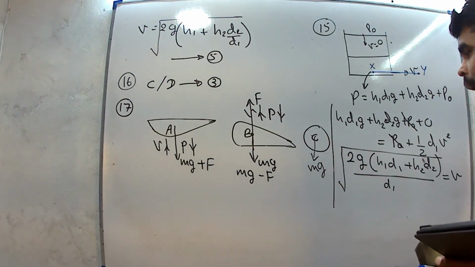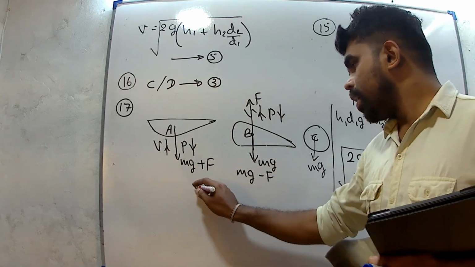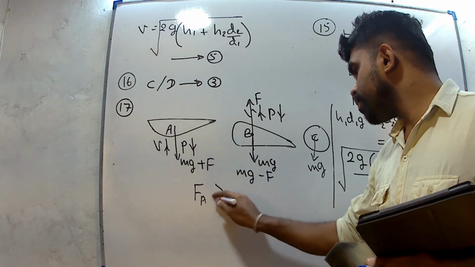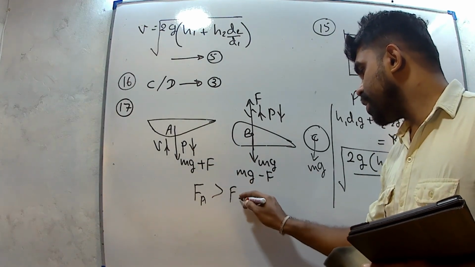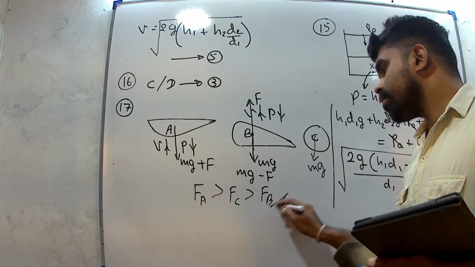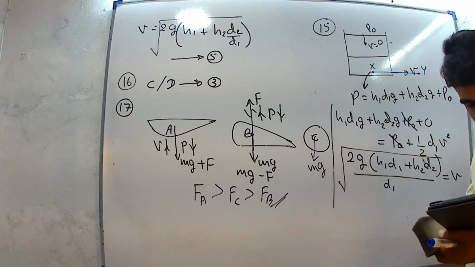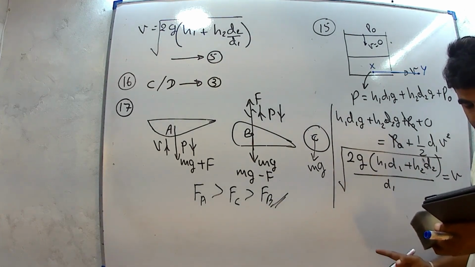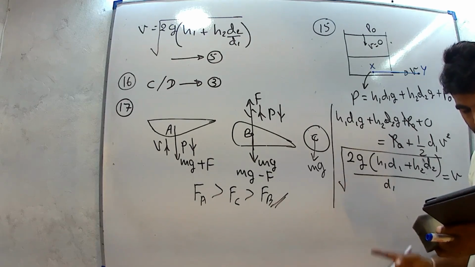Now we can compare. Force on A is the greatest value. Then C is next and B is next. We have to write ascending order: FB, FC, FA.